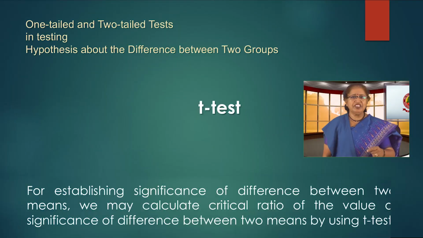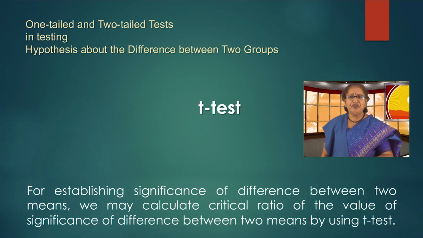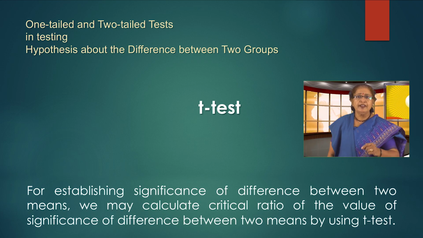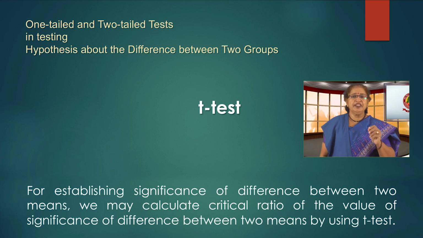To them, I further explained that for establishing the significance of difference between two means, we may calculate the critical ratio of the value of significance of difference between two means by using the t-test.